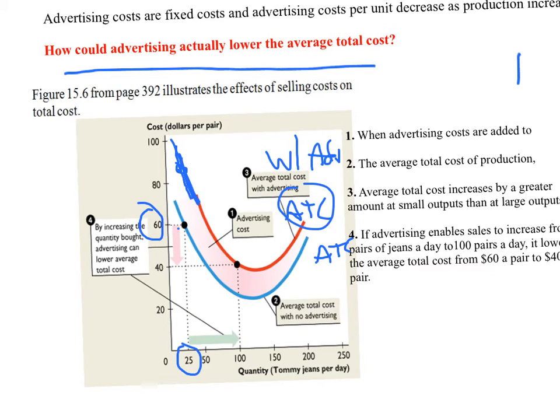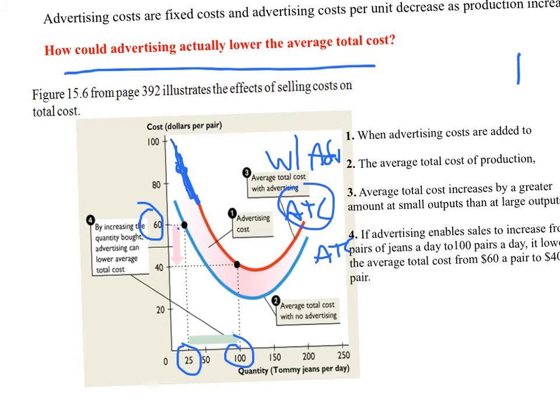Well, the reason, how could advertising lower it if it's an advertising campaign? Well, the goal of advertising is to increase demand. So let's just say that due to increasing the advertising budget, you had 4 times as many customers, from 25 to 100, buy the jeans. That'd be a very, very successful advertising campaign.